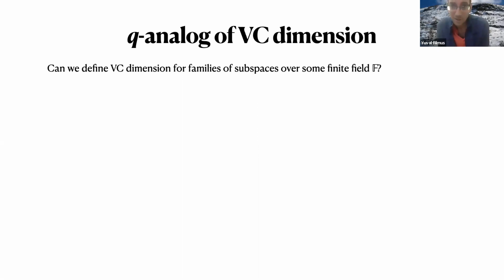So they see some concept for sets and they ask themselves, what happens if instead of sets, I look at subspaces? So can we define the VC dimension, instead of for families of sets, for families of subspaces? Okay, so we fix some finite field and now we have a family of subspaces of some n-dimensional vector space over the finite field, and can we define a VC dimension for subspaces?